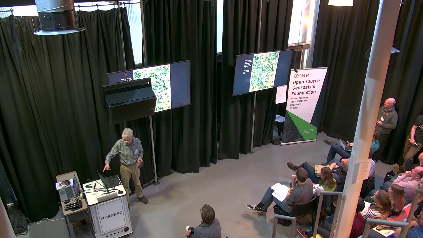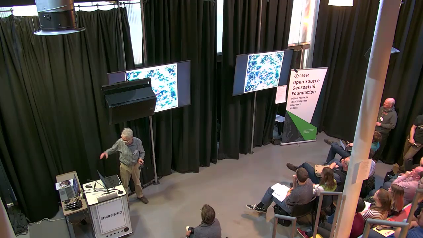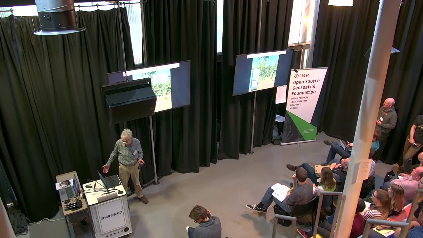So this is 1999. But this is now, and you can see they have declined quite a lot. Again, if you really home in on it, you can see that quite a lot of trees have died back quite a bit.